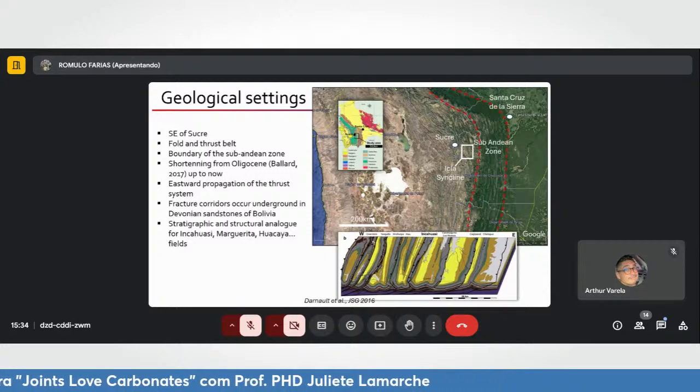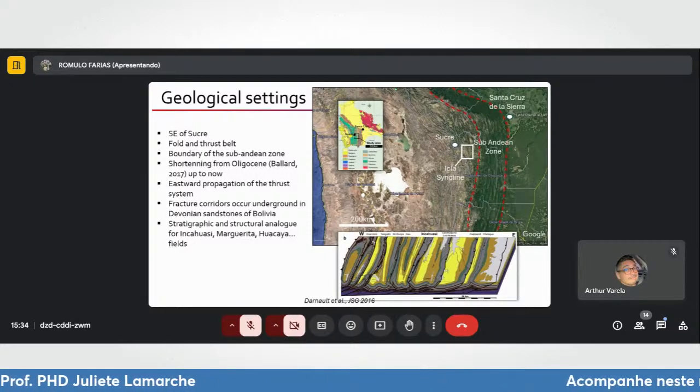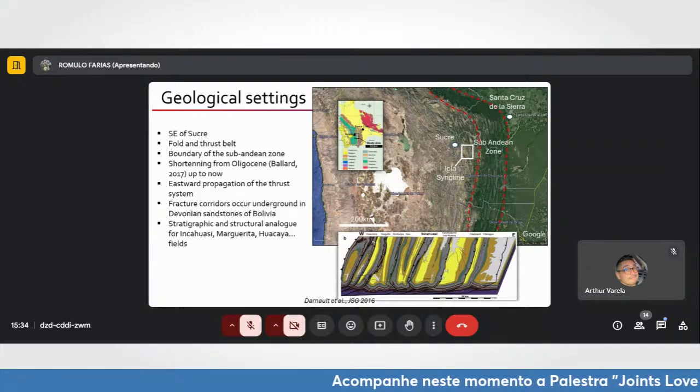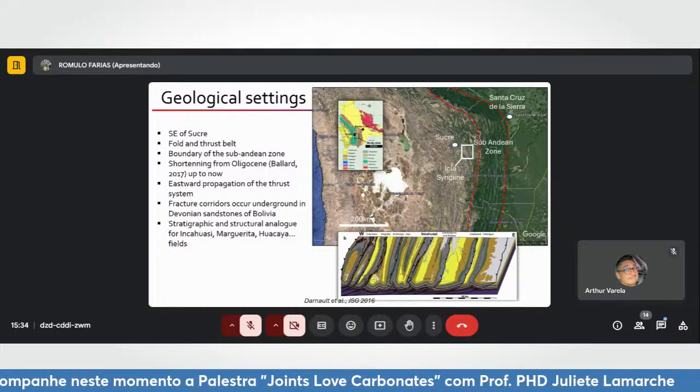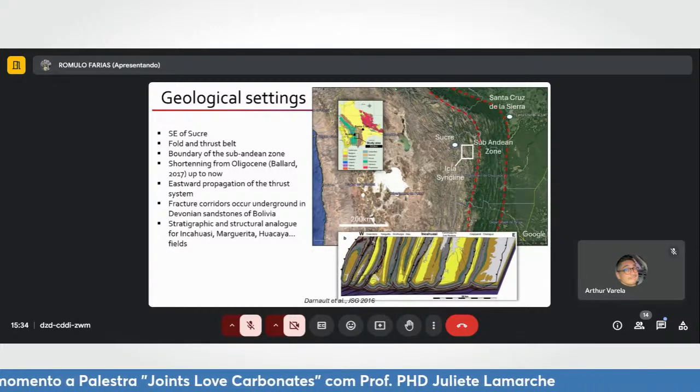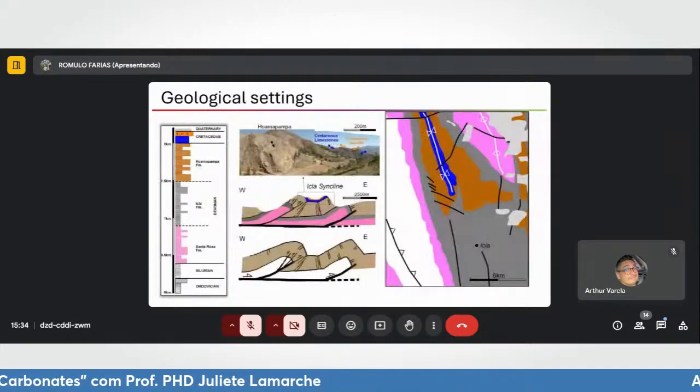So I've been studying corridors in the field here close to Sucre. This is more or less the geological setting, but the corridors there, I made an exception, are in clastics, in sandstones. So, okay. I also make mistakes sometimes.